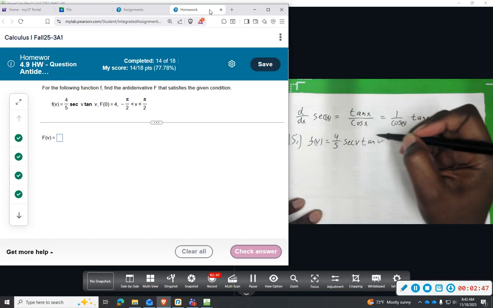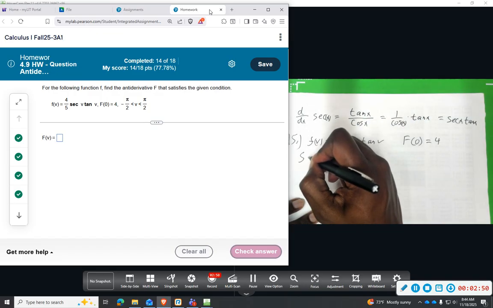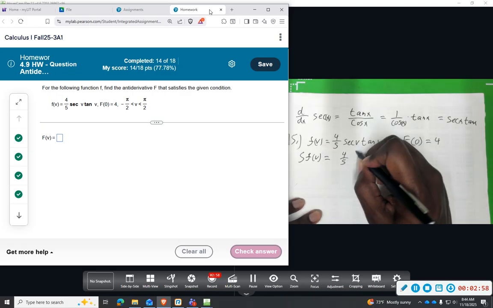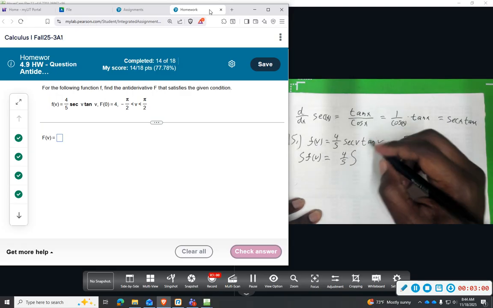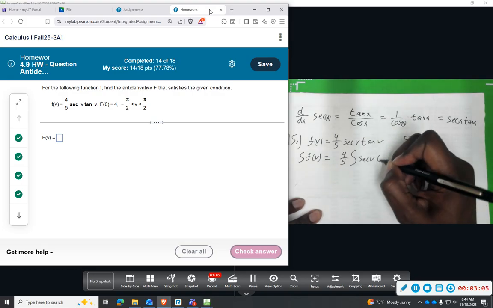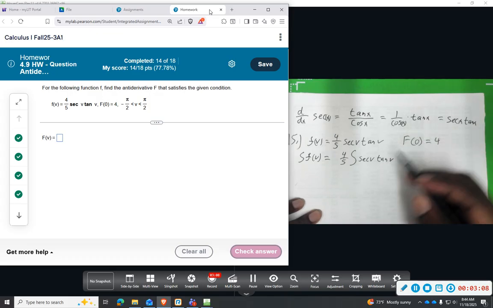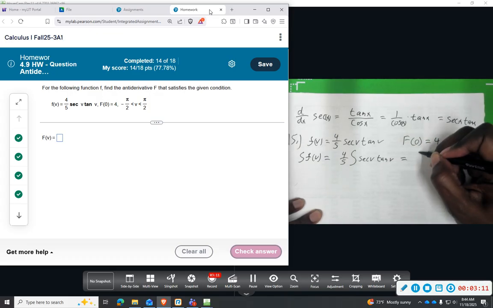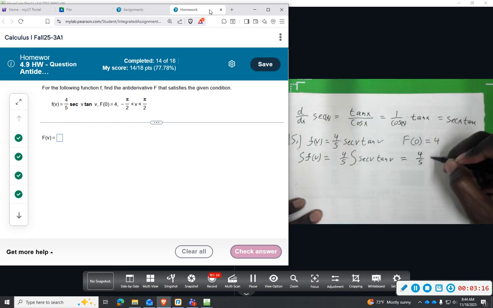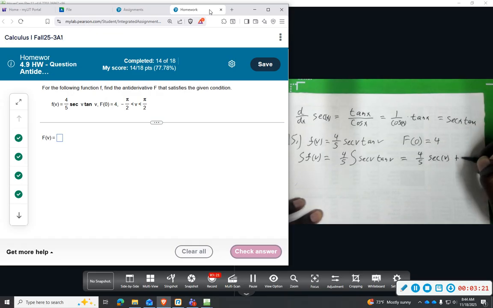And so if we do the integral of f of v, that's the same thing as saying we're going to pull the 4/5 out. The integral of sec v tan v is going to be equal to 4/5 antiderivative going backwards, secant v plus c. So here's our antiderivative.